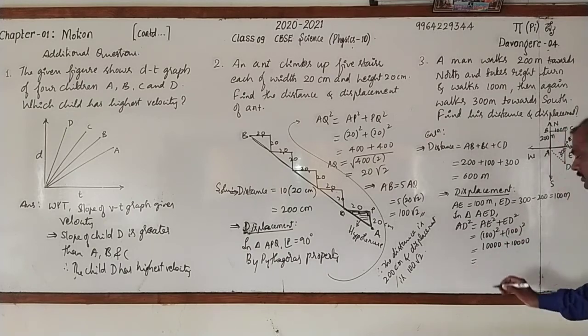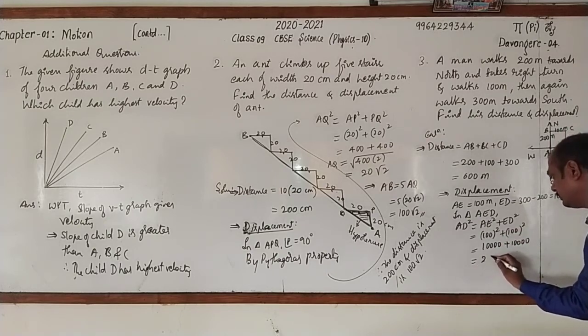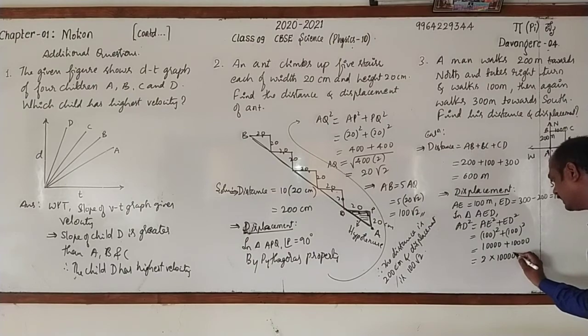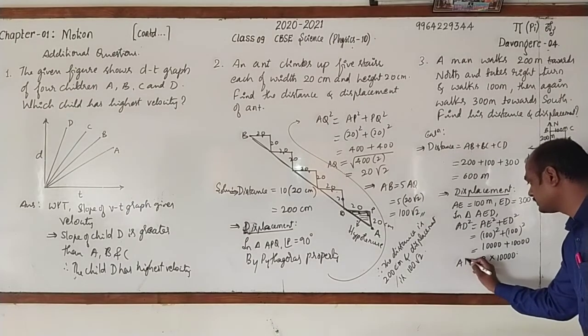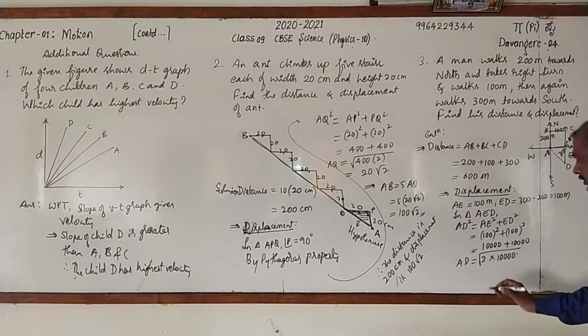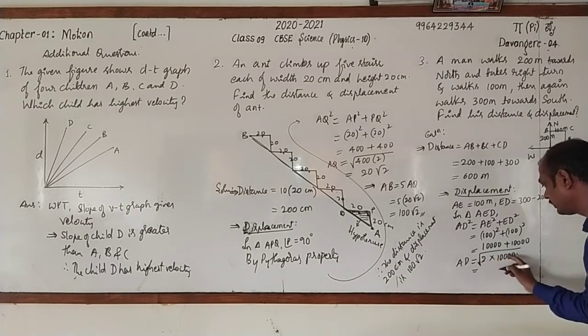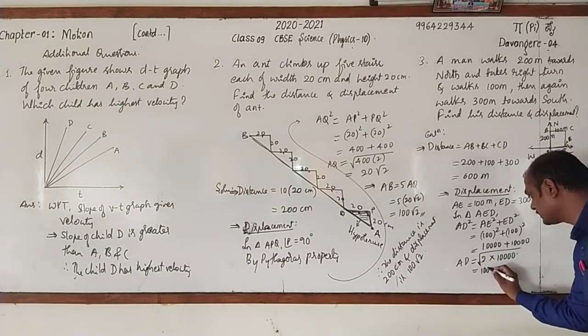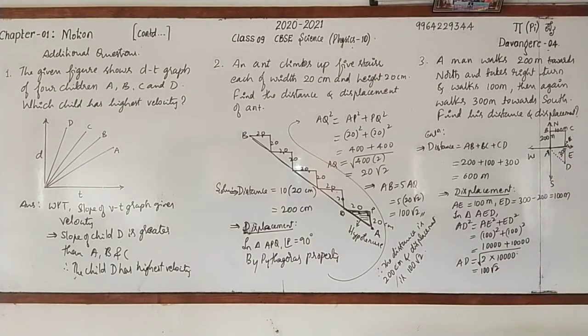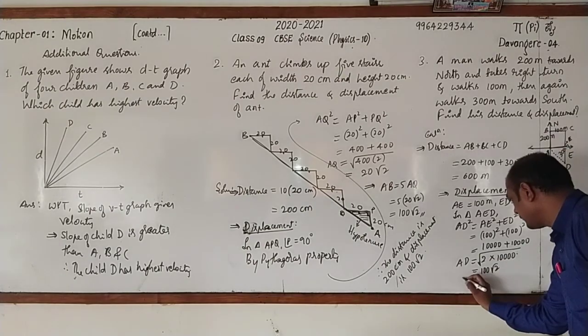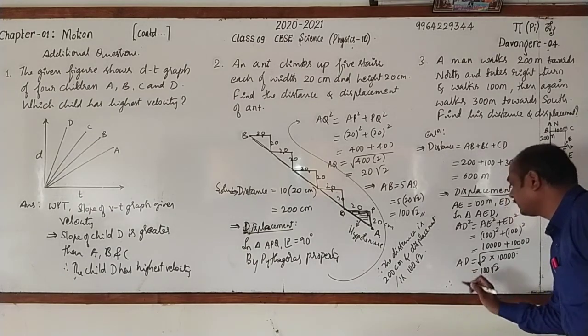How many times? 2 times 10,000. So AD is equal to square root of this much. What is the square root of 10,000? It is 100, into root 2. Clear?